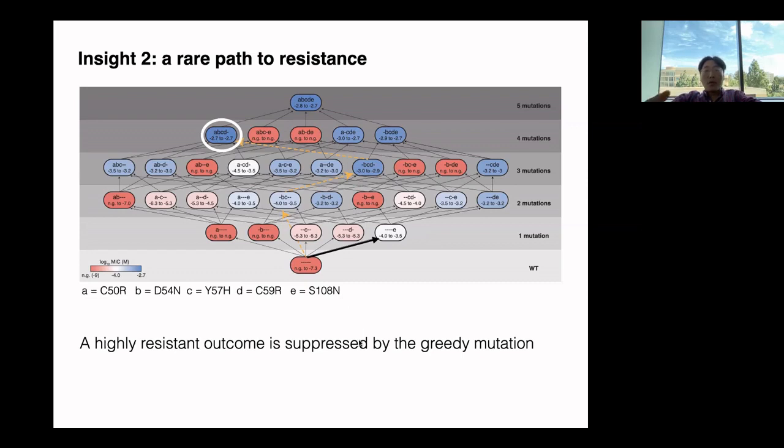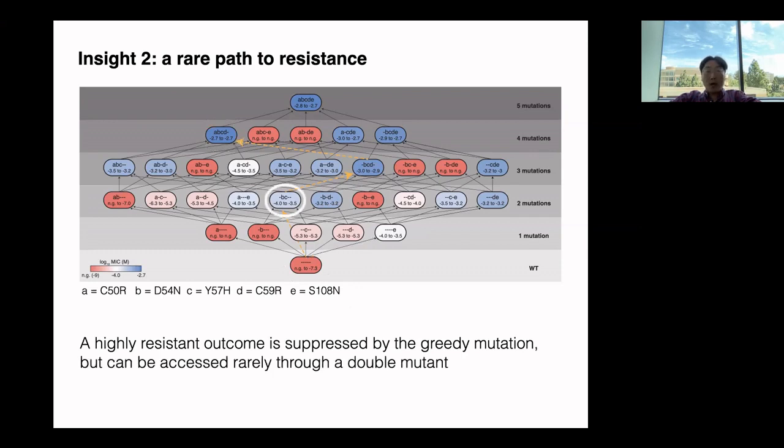And so what we can conclude is that S108N is kind of a greedy mutation that suppresses paths avoiding it, including paths that could potentially more quickly lead to the most resistant genotype, right? But every once in a while, in rare cases, we actually do observe pathways leading to this genotype that doesn't contain S108N.